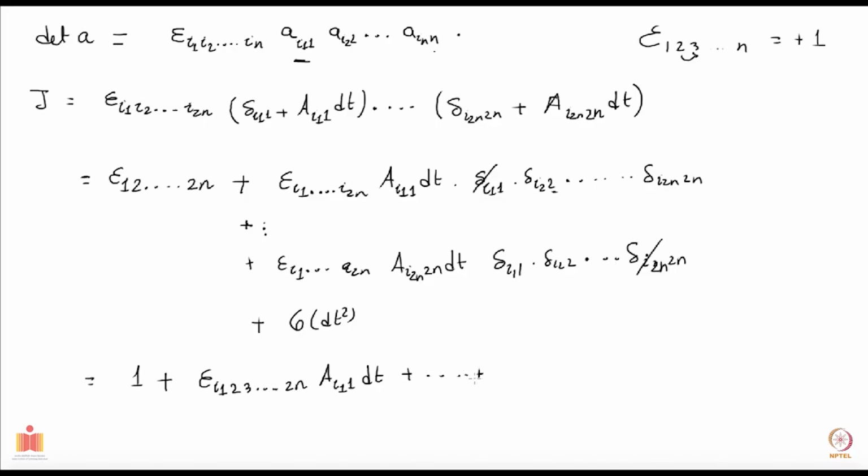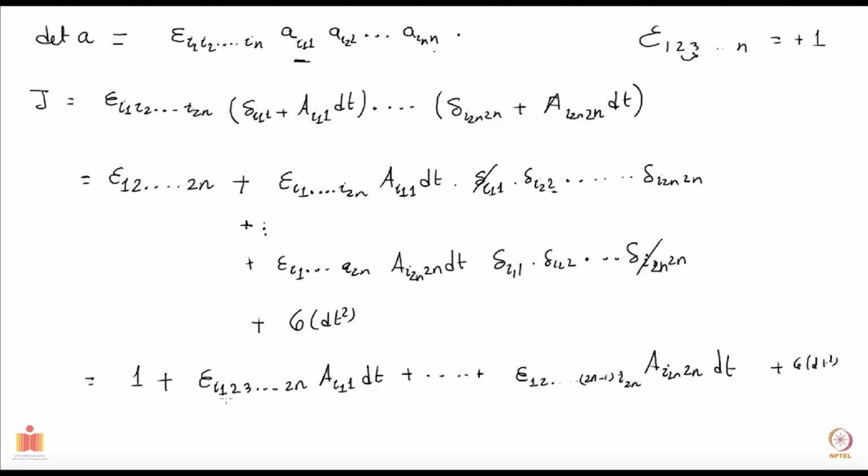Let me write down anyway. Epsilon, this will be 1 2 and so forth up to 2n minus 1, and then you will have i subscript 2n, and you will have a_{i2n 2n} dt. Okay, plus higher order terms.